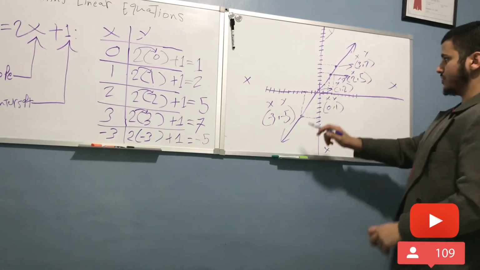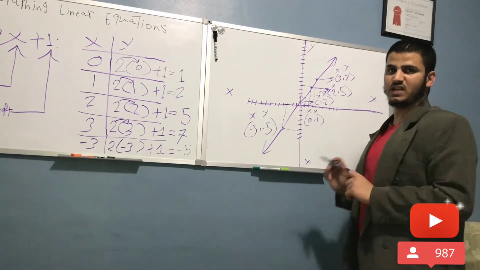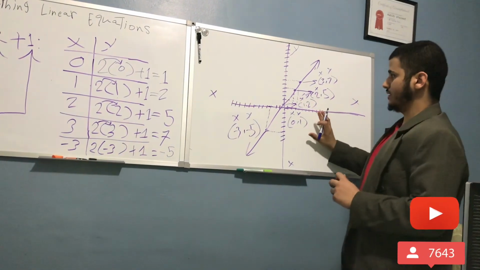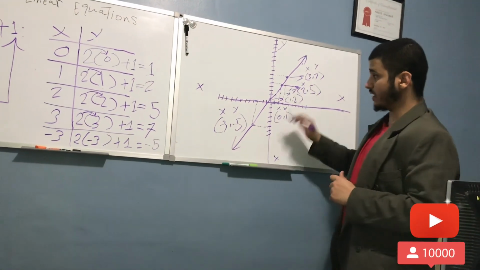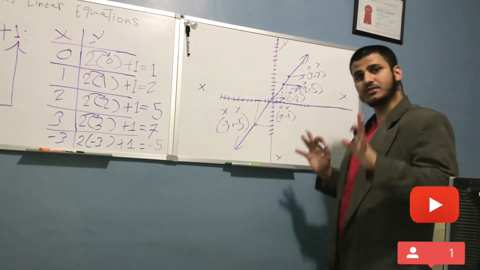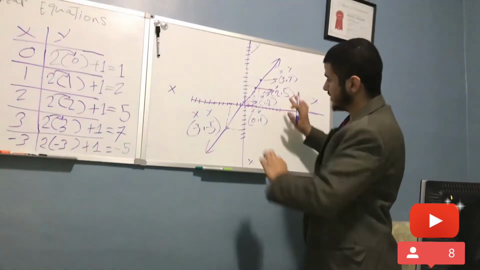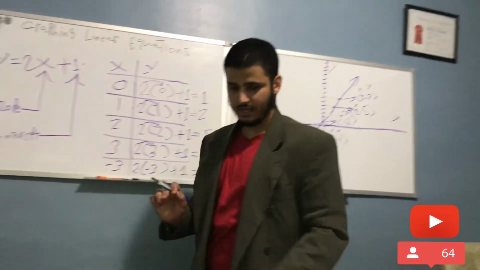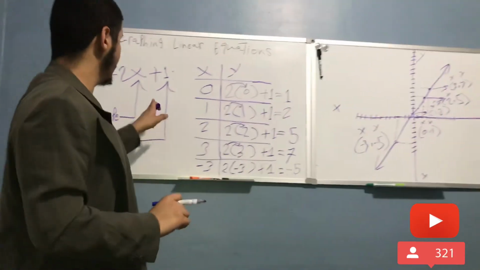All right. I hope you understand this graph. I know my graph is not perfect, but the answer is correct, and I hope you understand how I solve this problem.